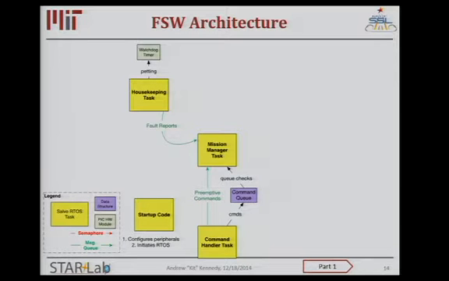And then we have our command handler task here at the bottom, which is responsible for accepting packets that come from our radio driver task, and figuring out where those commands should be put on the queue. If there's a preemptive command for entering safe mode, then that might be executed immediately.